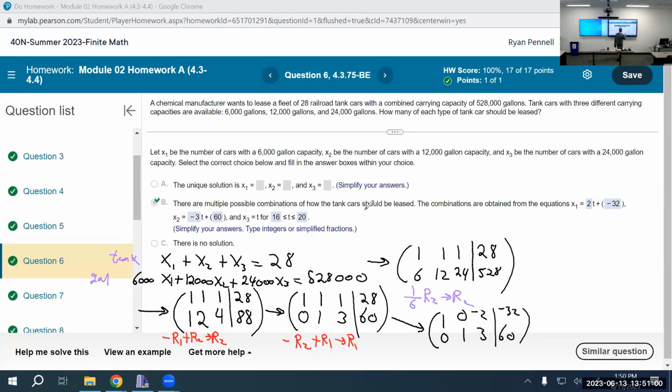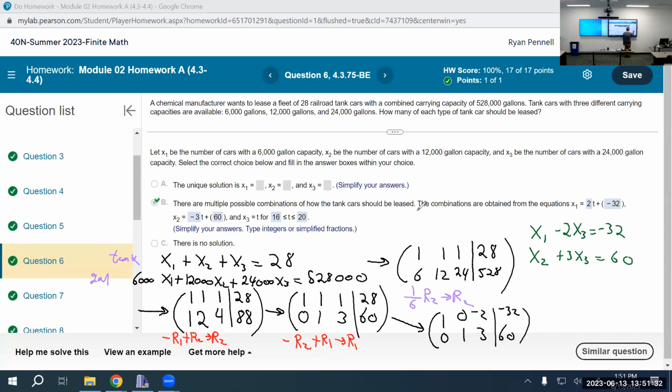Okay, so what did we get? We got x1 minus 2x3 equals -32. X2 plus 3x3 equals 60. I think that's what I got.